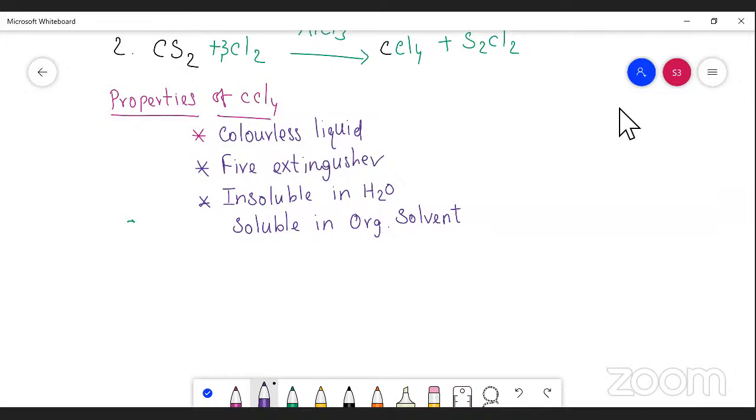So we have taken the three compounds: methylene chloride, chloroform and carbon tetrachloride.